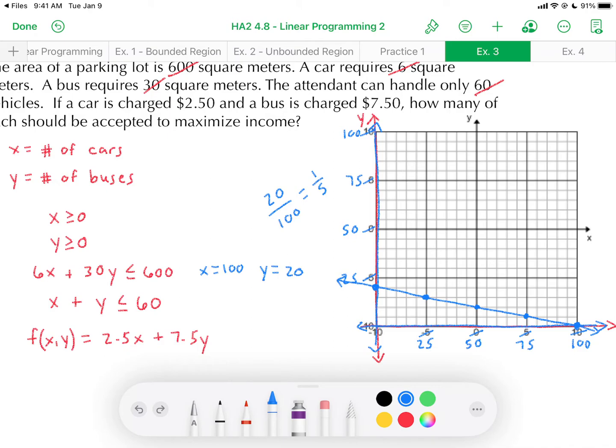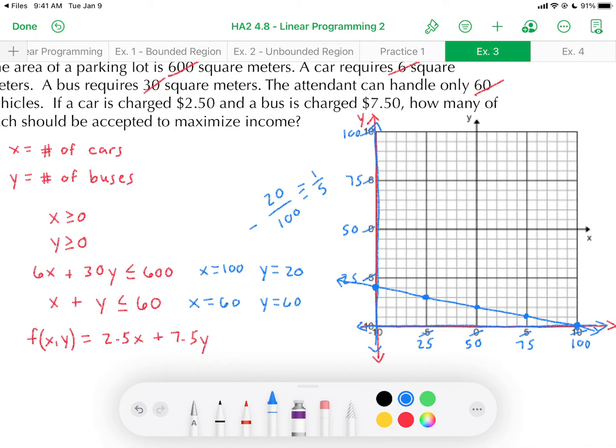x plus y less than or equal to 60. The x and the y-intercepts there are both 60. And pause, I should have said this. On the slope for the last one, it's a negative 1/5, isn't it? Okay. All right, so back to 60 and 60.